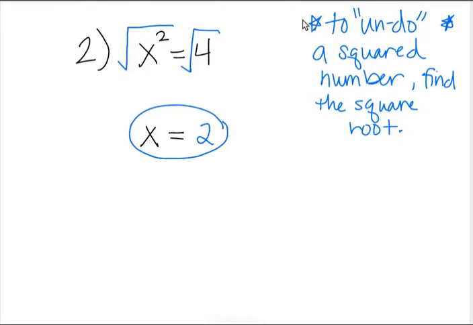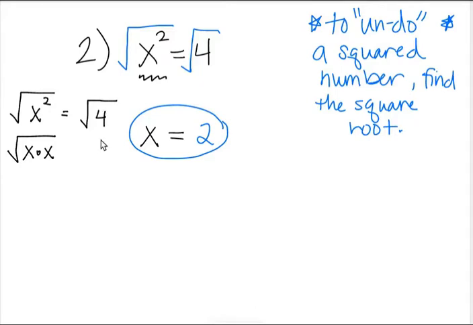Now, something I want to show you off to the side for a second, just so you can see why this part works. I'm going to rewrite x squared as x times x, right? And then I'm going to break down the 4 for a second. The reason we know that the square root of 4 is 2 is because 2 times 2 equals 4, right?